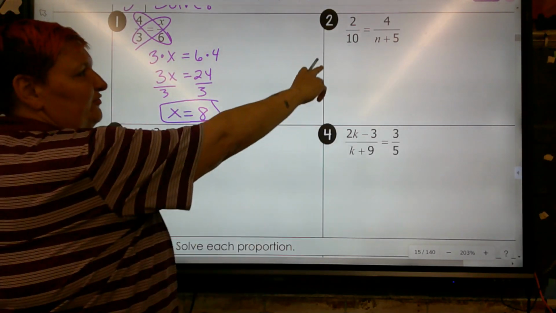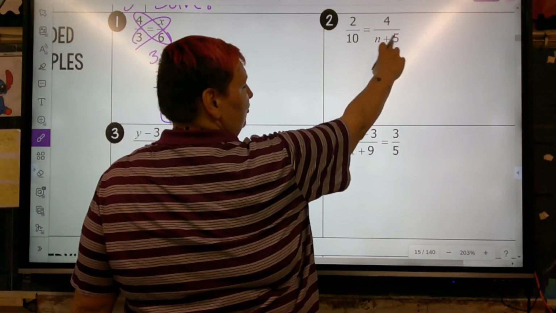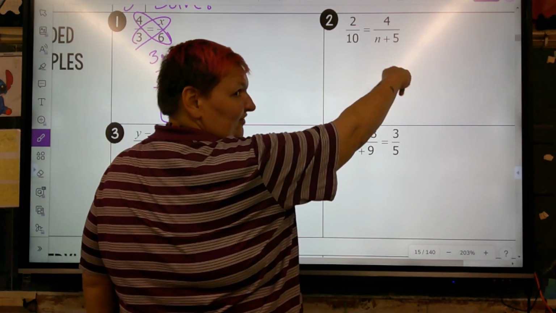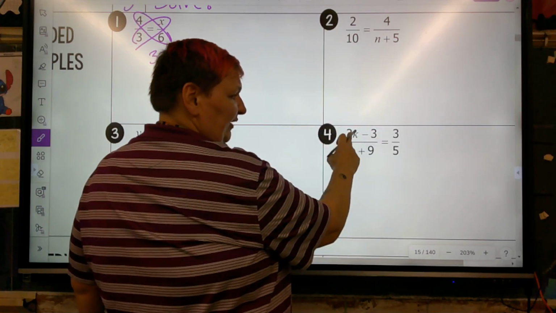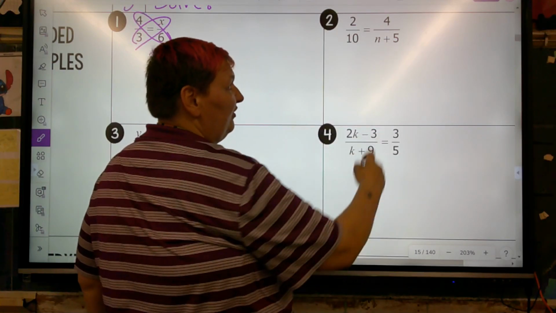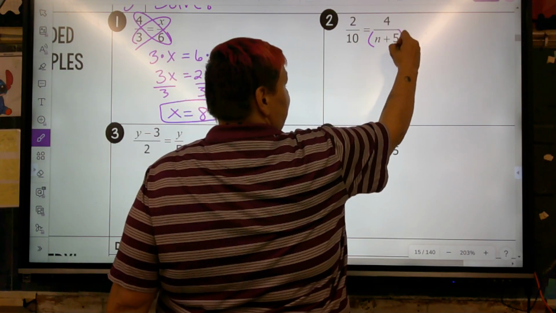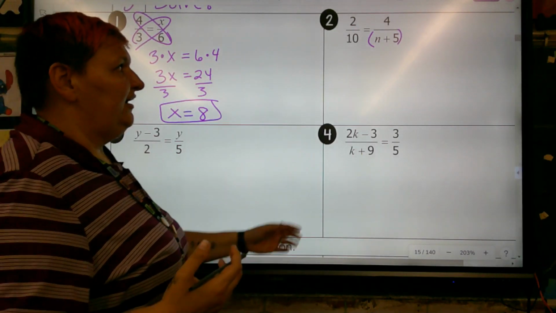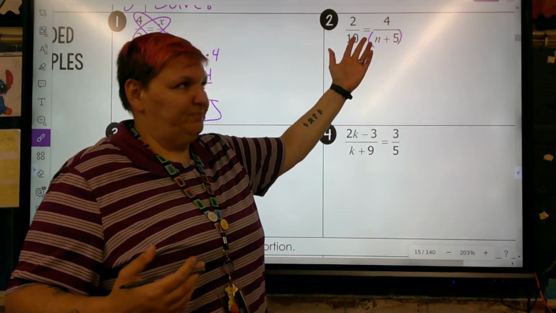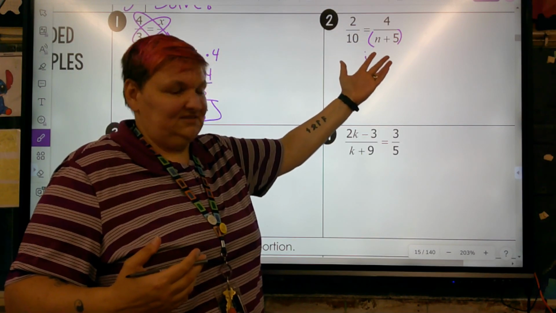Right? So for number 2, you notice how there are multiple terms underneath the divider bar? If there's more than one term above or below the divider bar, then there are invisible parentheses. Do yourself a favor and put the parentheses.